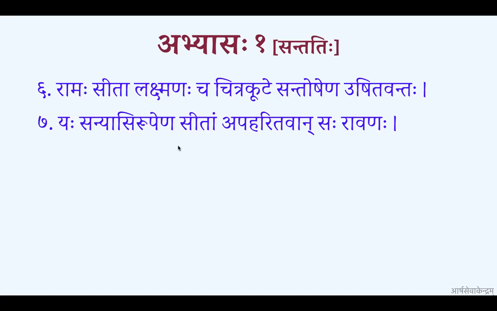So whenever we use yad shabda, what is the underlying implication there? How many kriya padas are there? How many vakyas are there actually? One or more? Actually, there are two here.